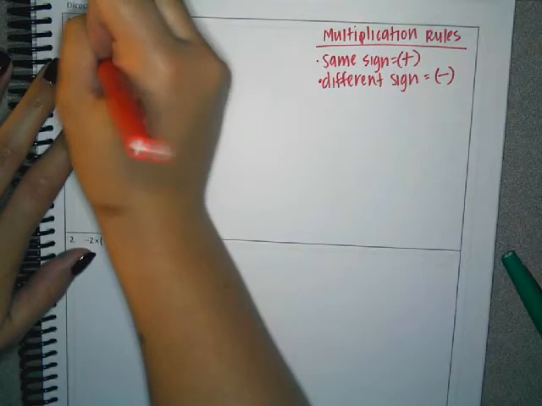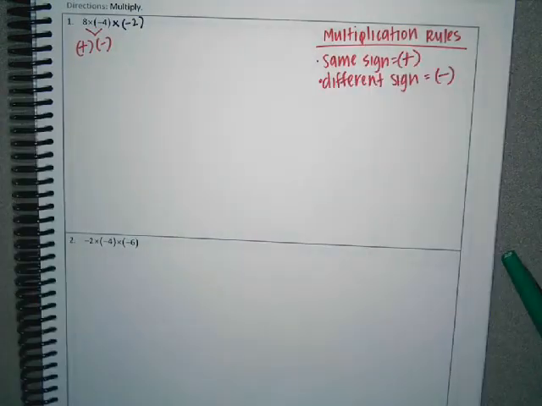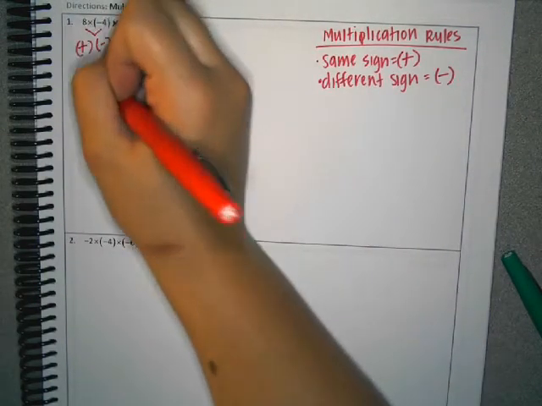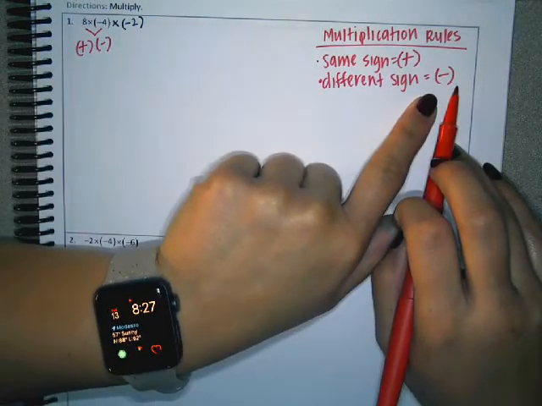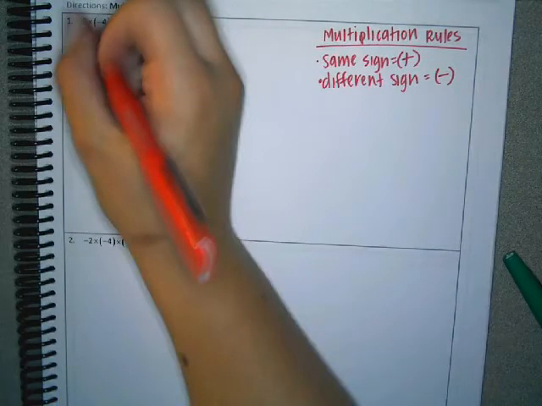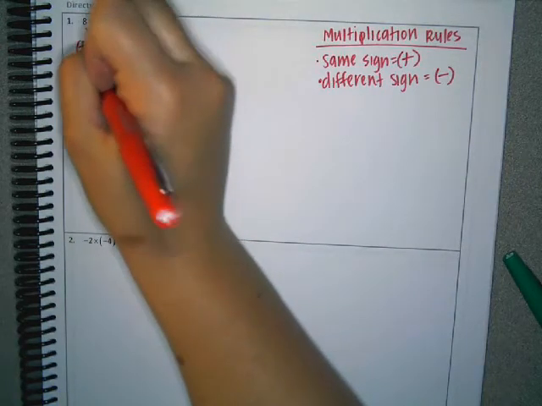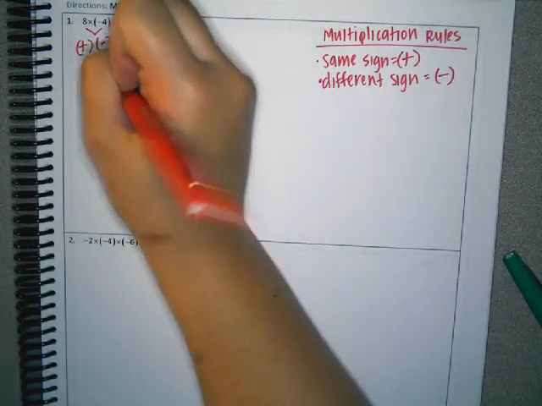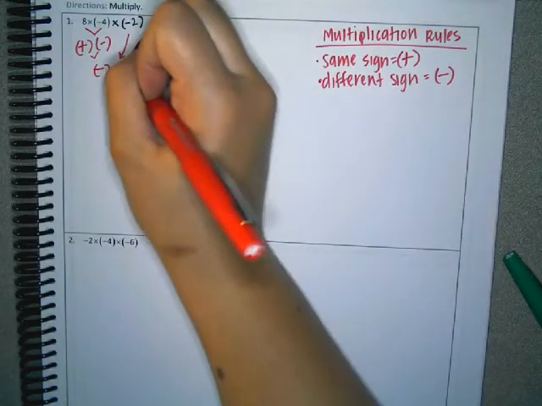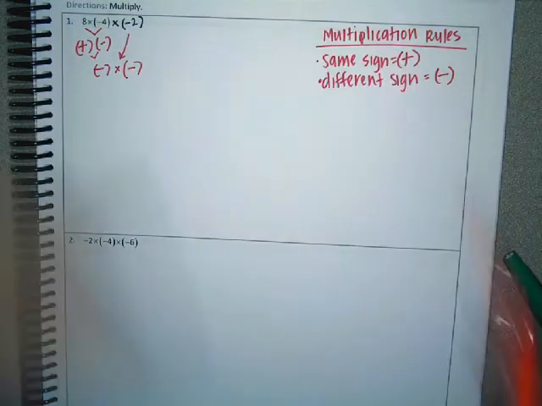I have a positive times a negative. A positive times a negative, I know, equals a negative, right? Two different signs. So I know it's a negative. So this equals a negative. Then I'm going to bring down this sign, and that is a negative also, right? A negative 2.